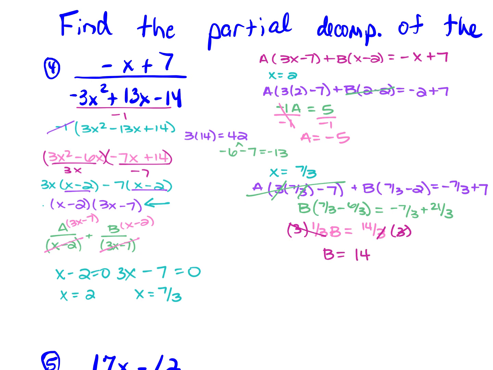So now from here, you're just going to rewrite that a over x minus 2 plus b over 3x minus 7 with a and b. So that's going to give you negative 5 over x minus 2 plus 14 over 3x minus 7.